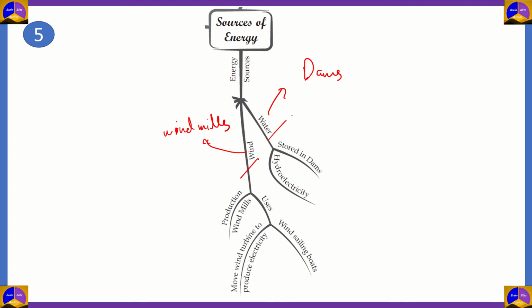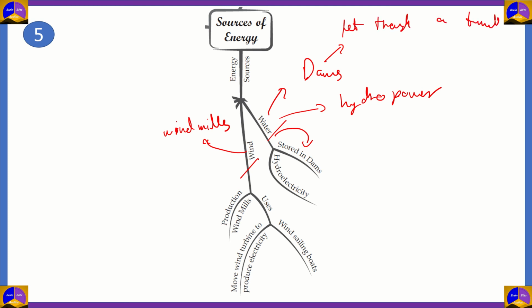Water, the energy from water is called hydropower, and hydropower is obtained by water getting stored in dams. And once the water reaches the dams, it's then let through a tunnel with turbines, and these turbines then spin to form electricity.